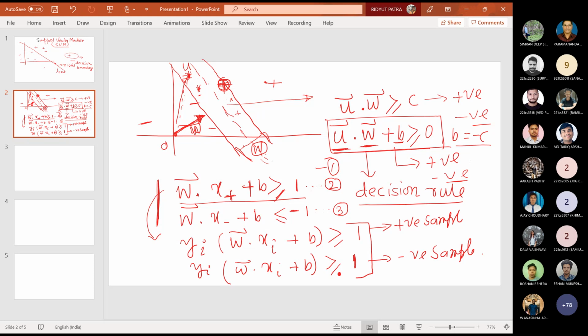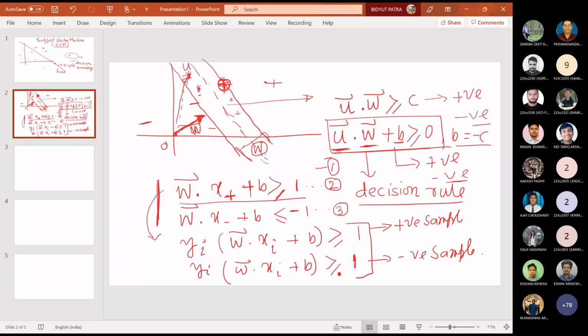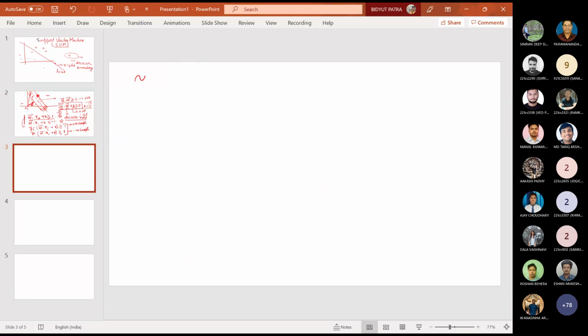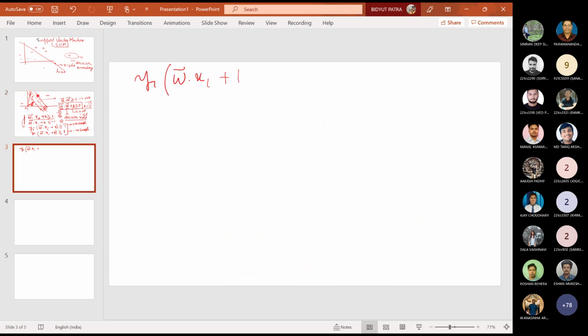So now we have two things to note down. First, what we got is yi into w bar into xi plus b minus 1 greater than or equal to 0.